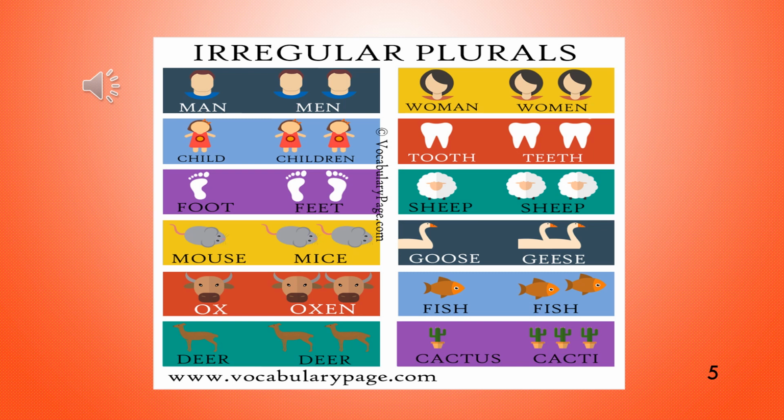Now, let's read each of the words that we have here. Make sure that you repeat them after me or with me. Make sure that you know how to pronounce each of the words. Let's start with number 1. Man. Men. Child. Children. Foot. Feet.